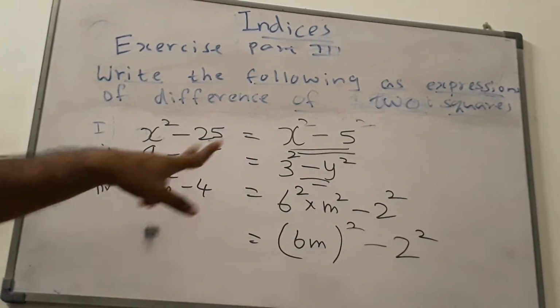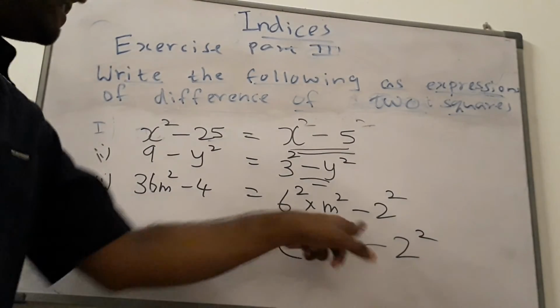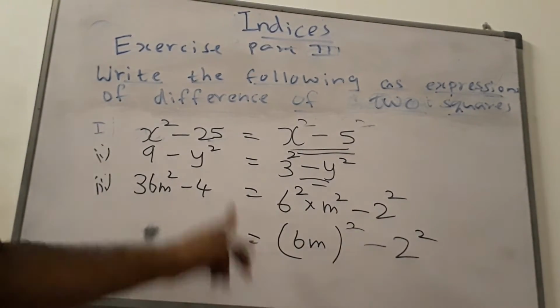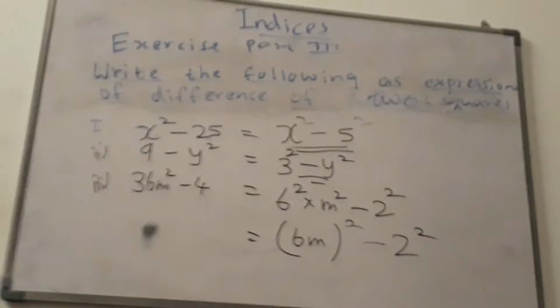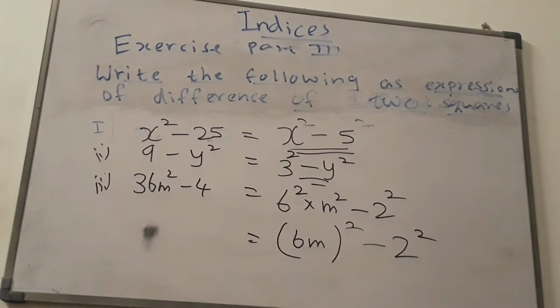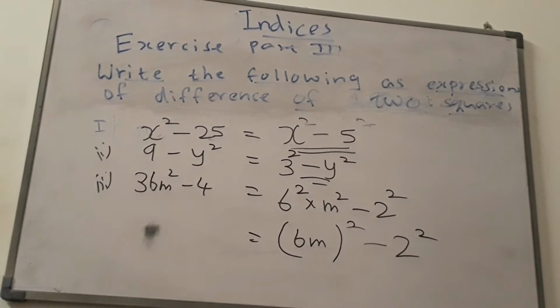Square term is common to both 6 and m, so 6m altogether squared is 36m squared. And 4 means 2 squared. So this is how we write the expression as an expression of difference of two squares.